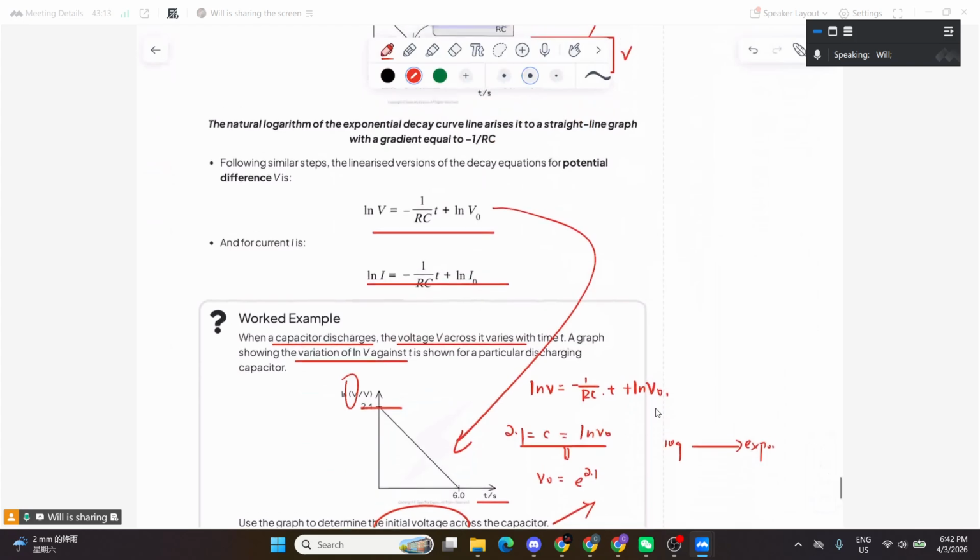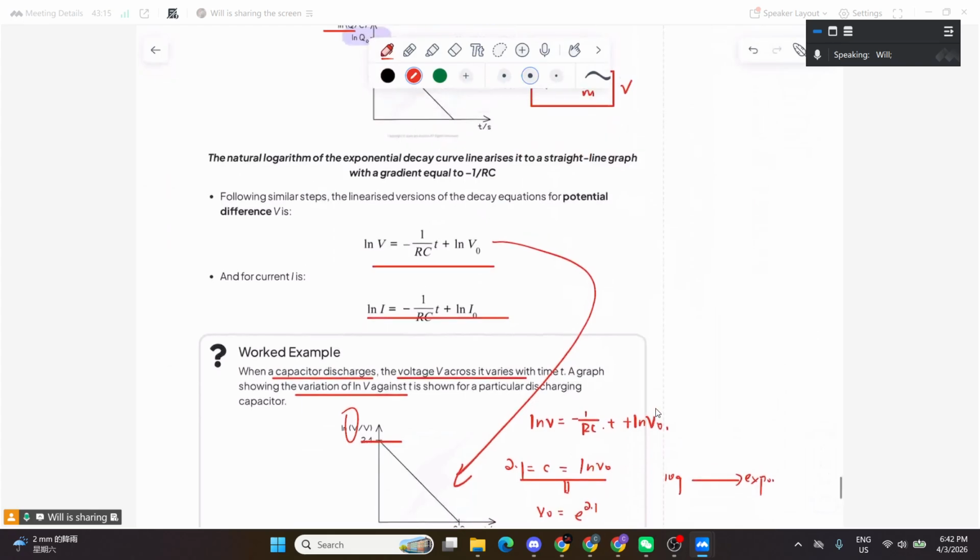So here are the three equations. Another one is ln Q equals negative 1 over RC times t, plus ln Q delta.